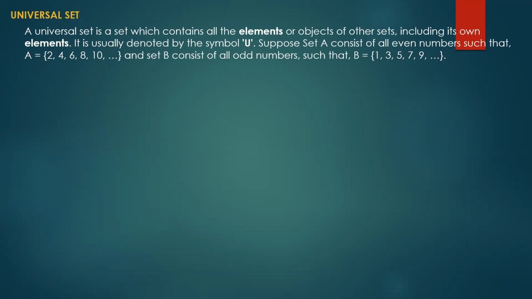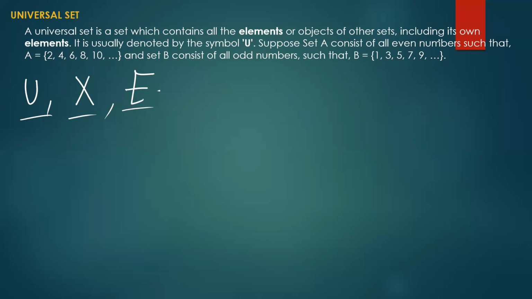It is usually denoted by the symbol U. You find in some books they'll use this symbol, some books use capital letter X, and some books use capital letter E. All these 3 symbols are used to denote a universal set. So we're saying a universal set is a set that contains all elements or objects of other sets, including its own elements. What does that mean?